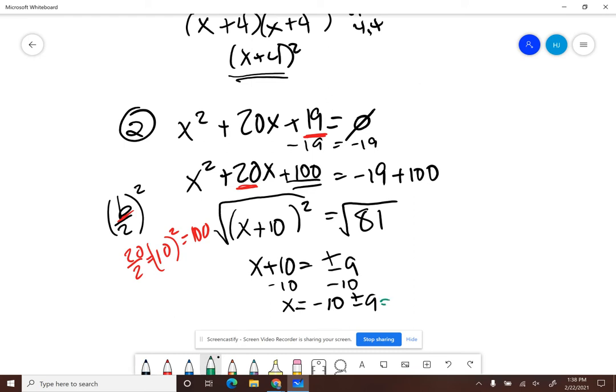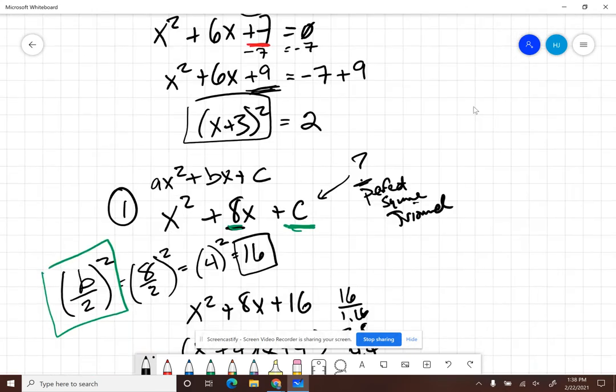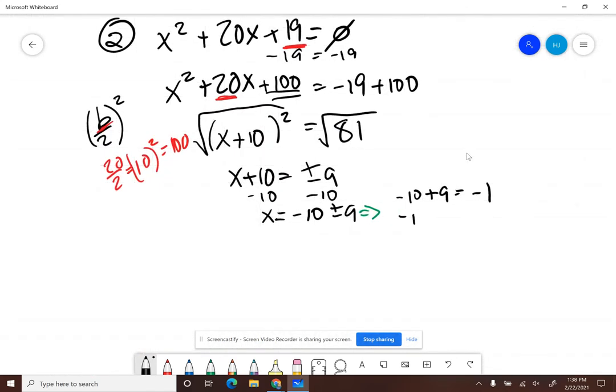I can take this a step further and go ahead and do the calculations. So negative 10 plus 9 is going to equal negative 1. Negative 10 minus 9 is going to equal negative 19. And so my two answers would be negative 1 and negative 19.